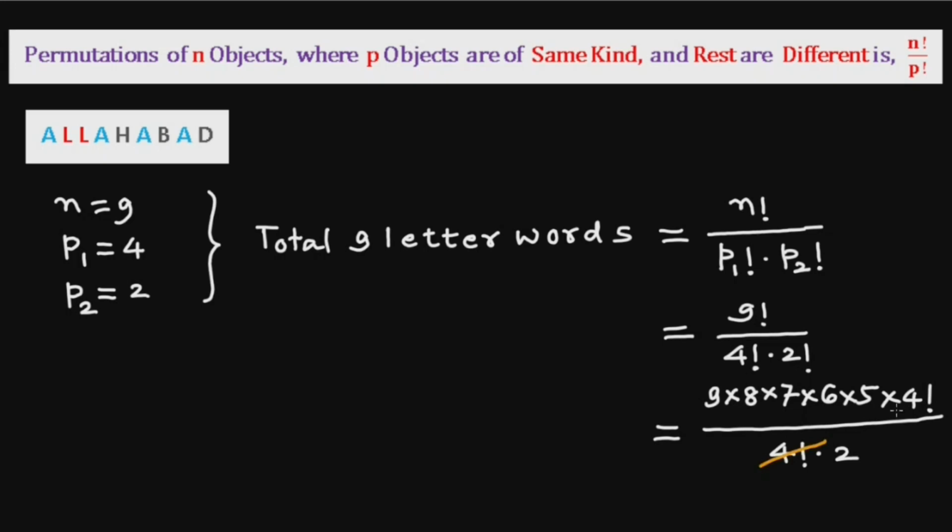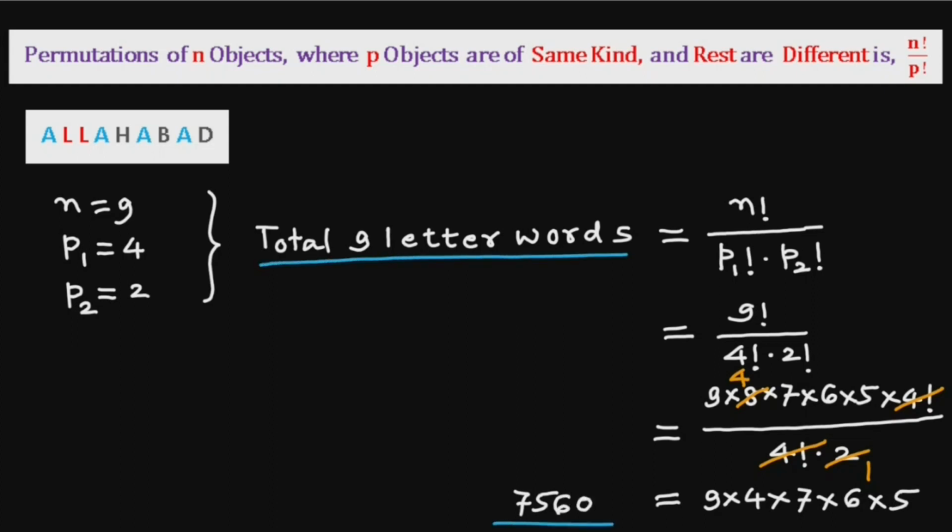Cancelling 4 factorial, 2 ones are 2, 4 twos are 8. So the product of 9, 4, 7, 6 and 5 will be 7560. So this will be the total 9-letter words formed, 7560.